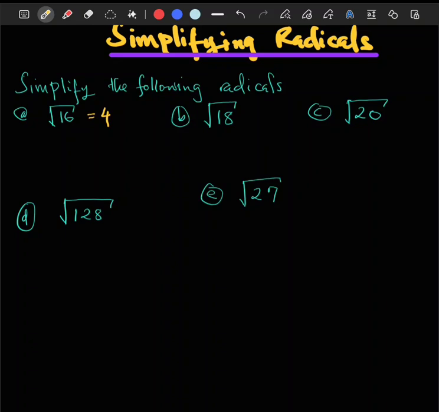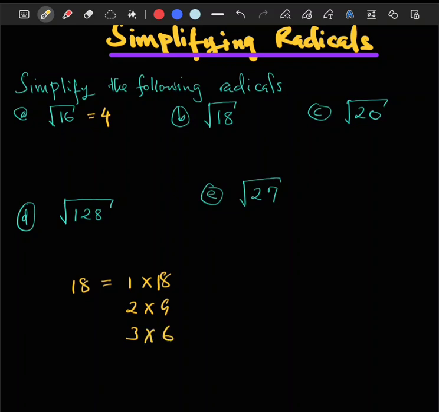And that's it. When it comes to 18, we have to write this 18 as a product of at least one perfect square number multiplied by another number. So here, 18 can be written as 1 times 18, or it could be written as 2 times 9, or it could be written as 3 times 6.